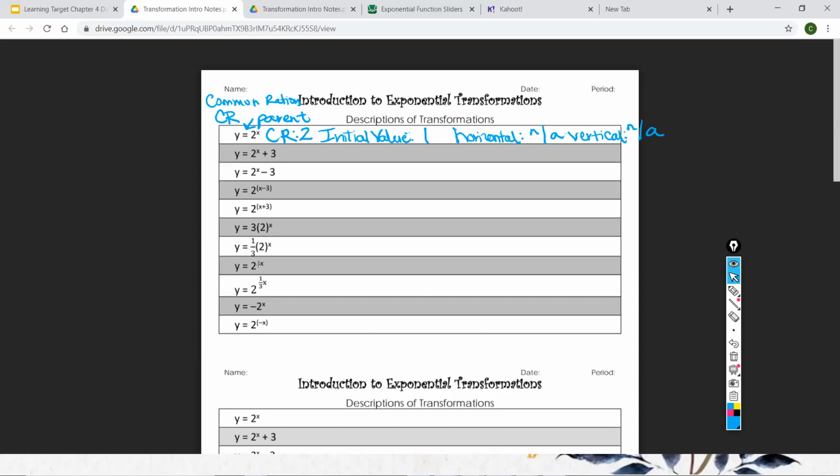Remember, the common rate doesn't change, those two. And then the initial value does change, 1/3, I think. No, because that part's right. Wait, pick that up.